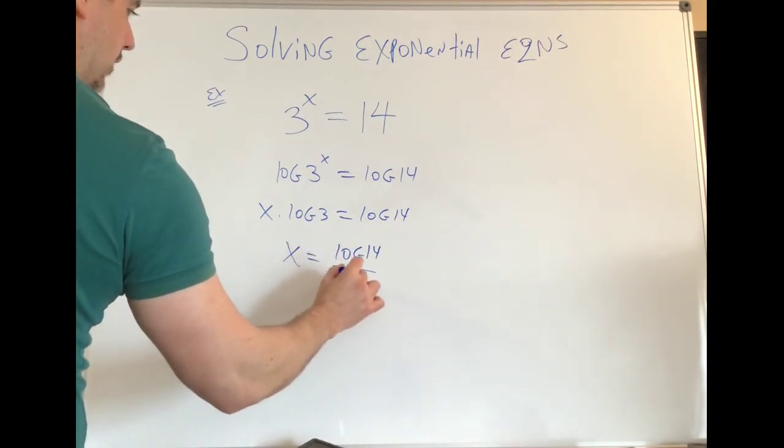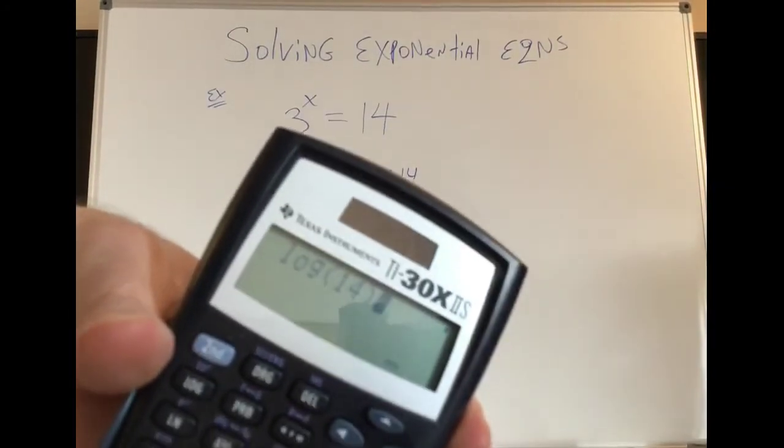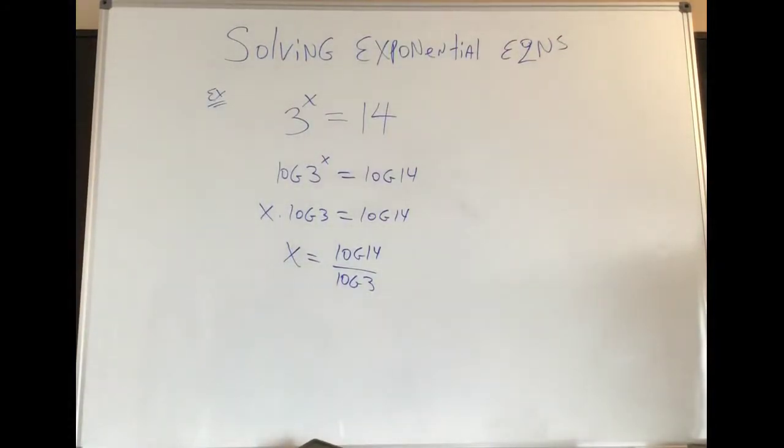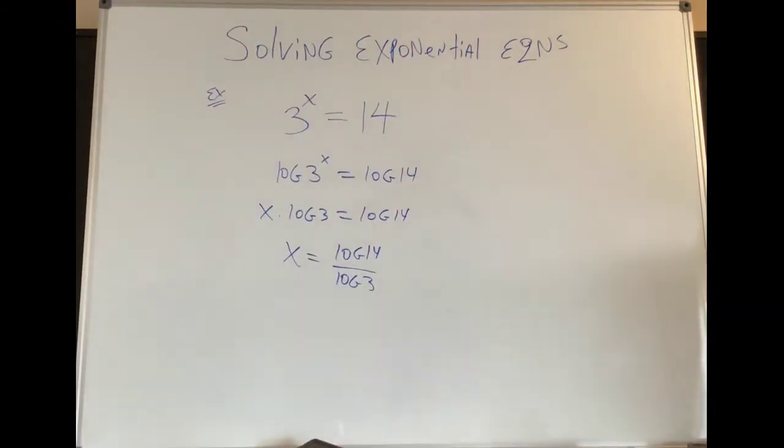Now I whip out the calculator and figure out whatever log 14 divided by log 3 is. So I'm going to hit log 14, close parentheses, divided by log 3. Again, there it is. And I get 2.402.